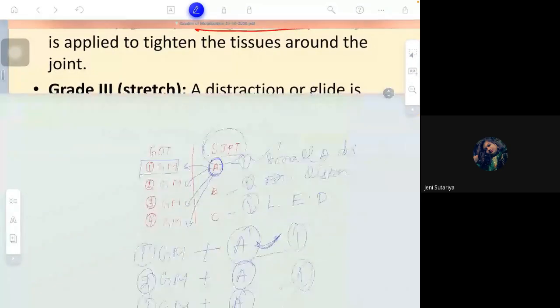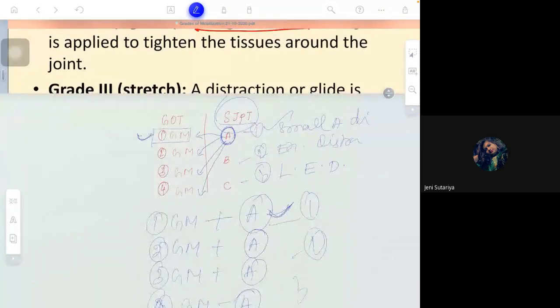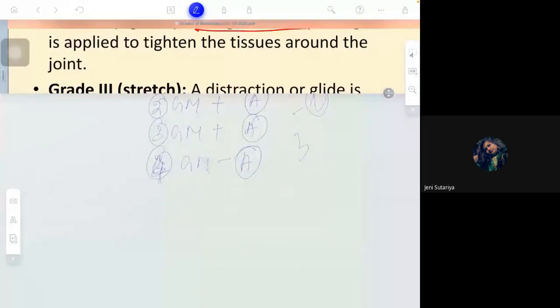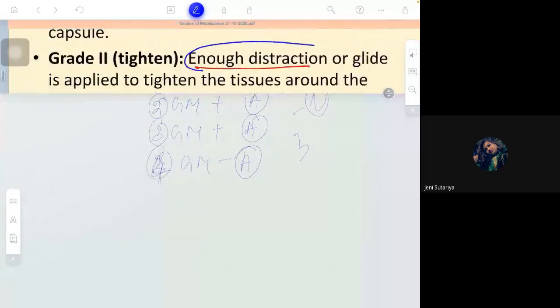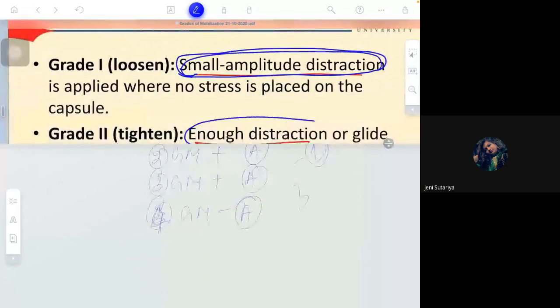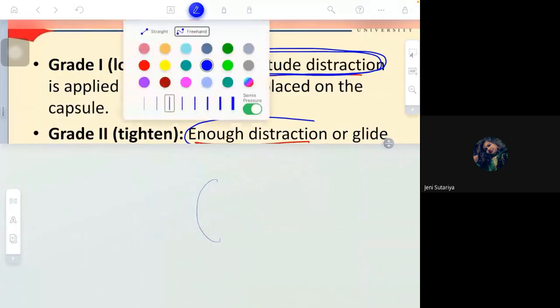Clear? So whenever you are giving grade 1 mobilization, you have to distract the joint. You always have to mobilize with small amplitude distraction. See, suppose this is the joint surface. I'll make it more clear.